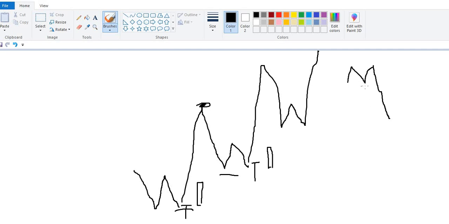It broke the previous lows, which confirms that the trend has changed, and the market makes the double bottom pattern at the low of the impulsive move. So here we can't target this area, we can't target the high of the market. So I recommend that we avoid the double bottom pattern in a downtrend.